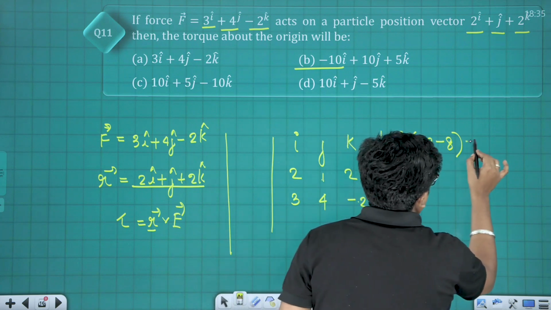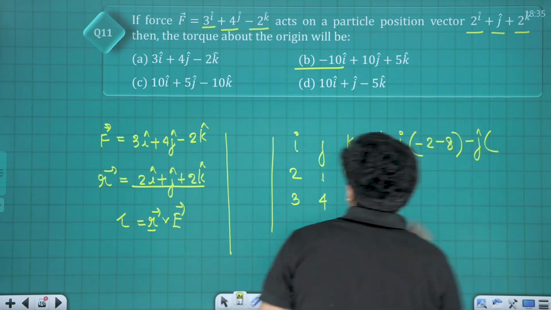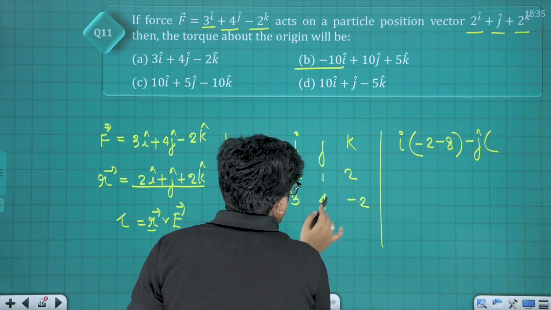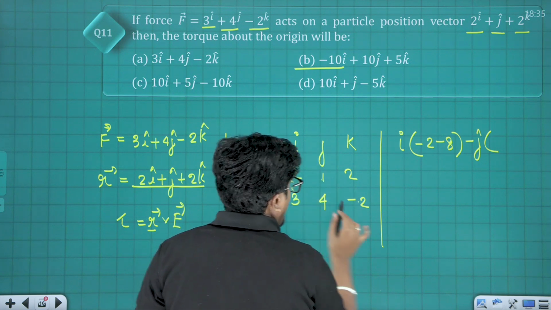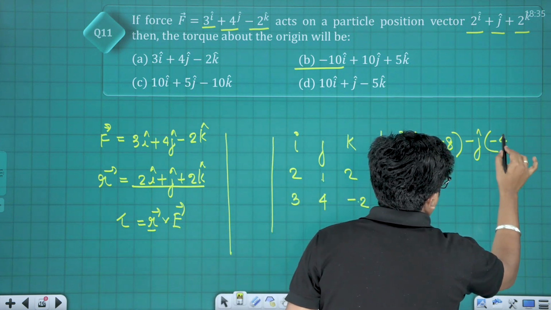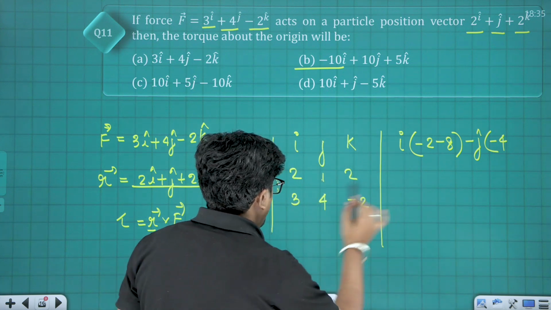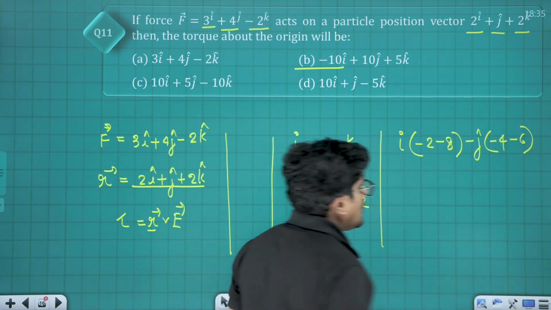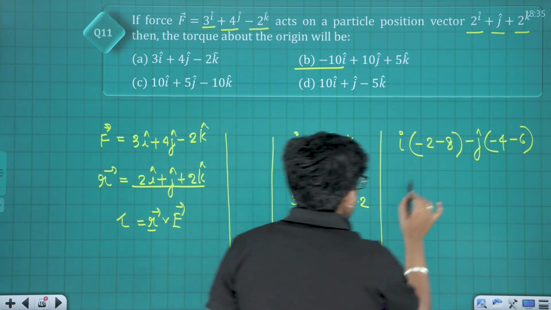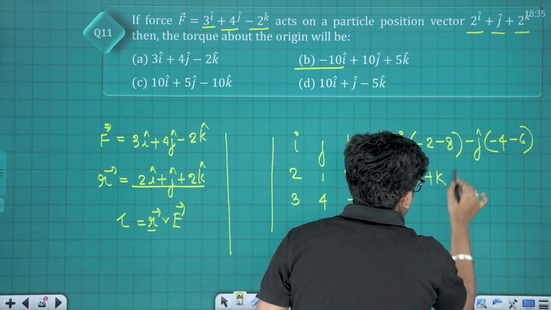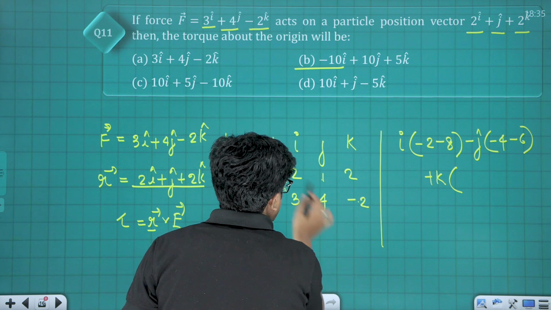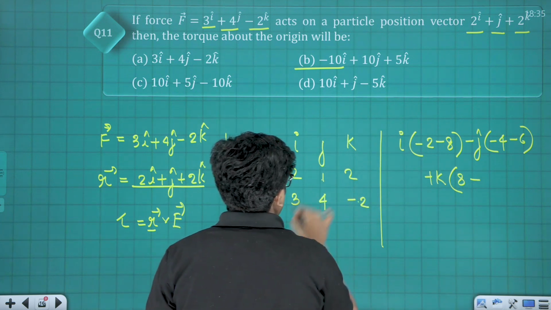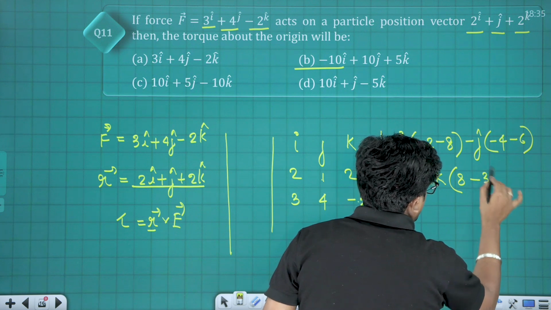Then minus of j into, here this is minus of 4, minus of 6. Then plus k into, here 4 2s are 8 minus 3 1s are 3.